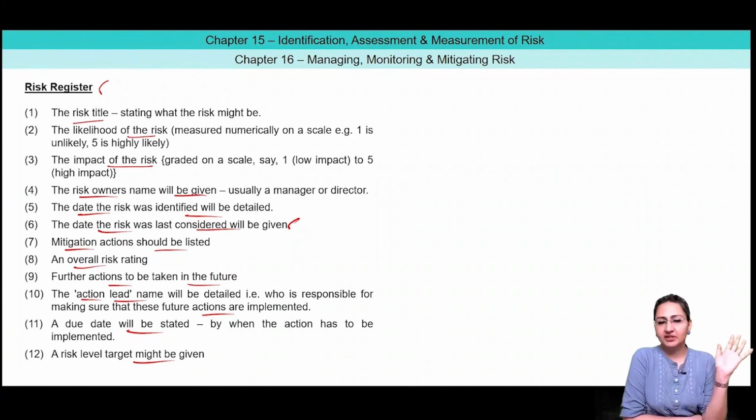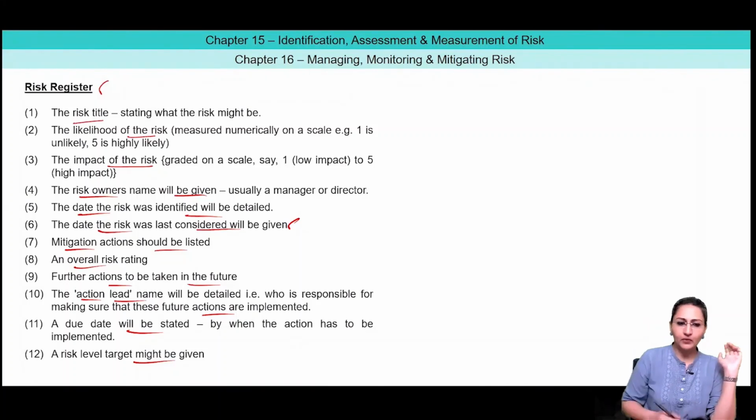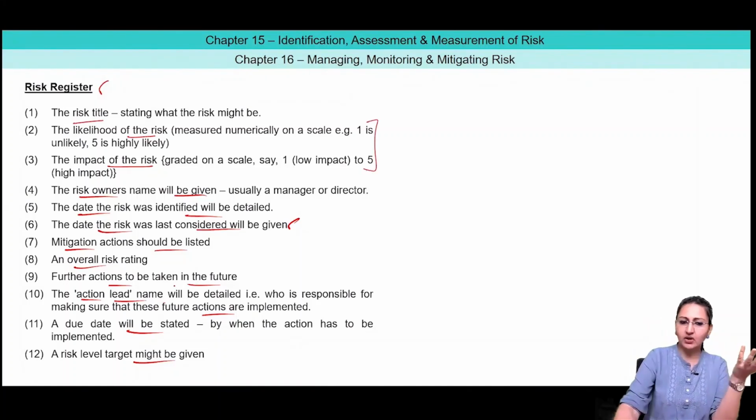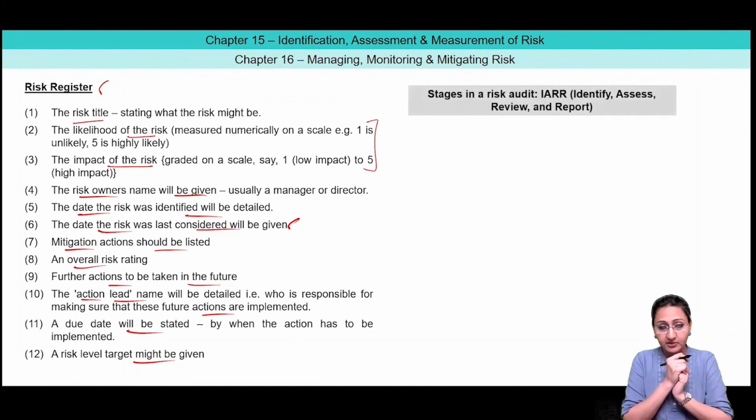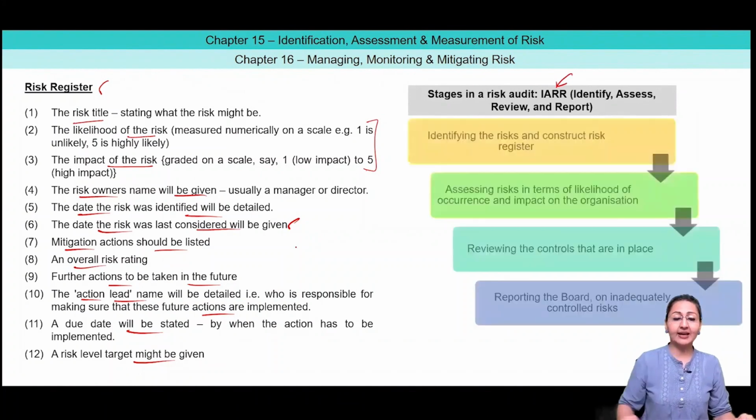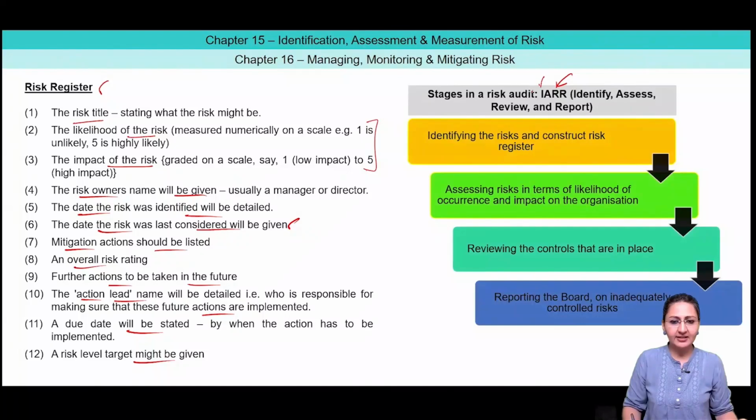This is the maximum risk which we can handle. So you will be rating this risk in numbers. Learn these contents because risk registers sometimes do come in the exam. Now, risk audit. There are stages in risk audit. We term these stages as IARR. The first I stands for identifying the risk.